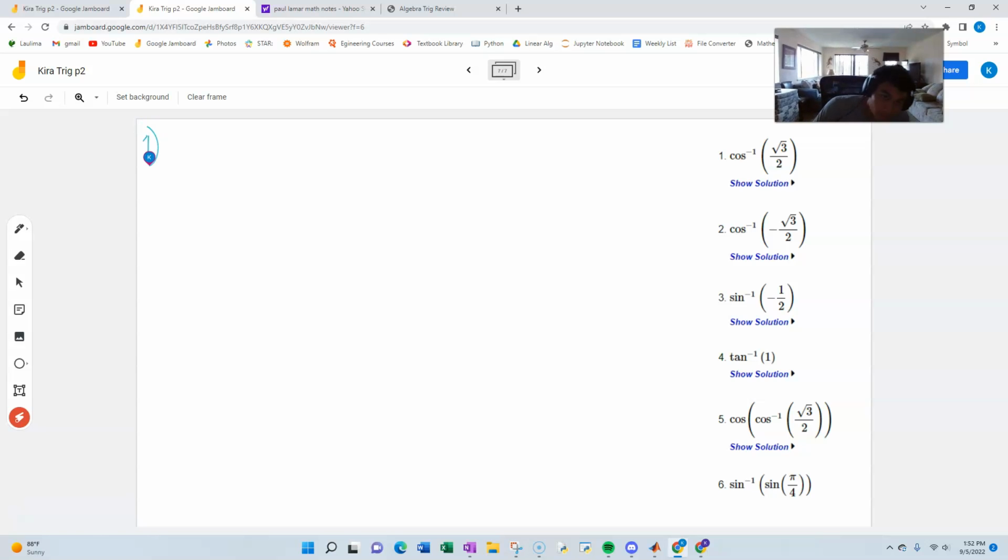Okay, cosine inverse of... sorry, I'm going to cheat just a little bit. Just a little bit. Just a tad bit. This is like severely cheating. At least, well, cheating for me. Literally, everybody else should do this though.